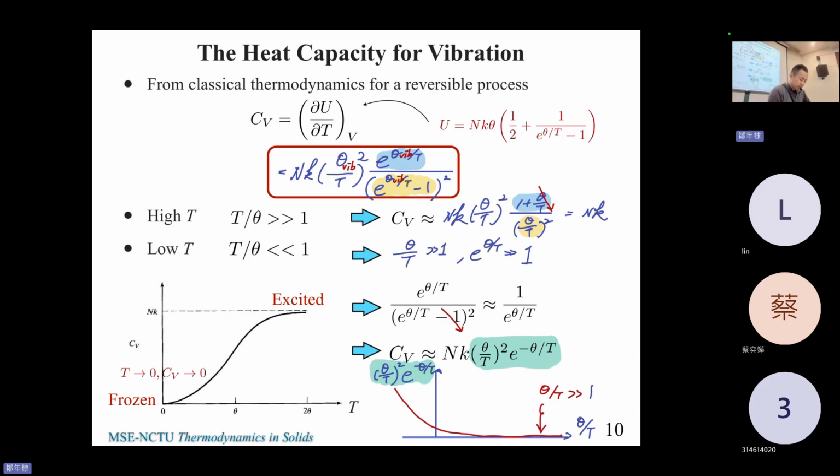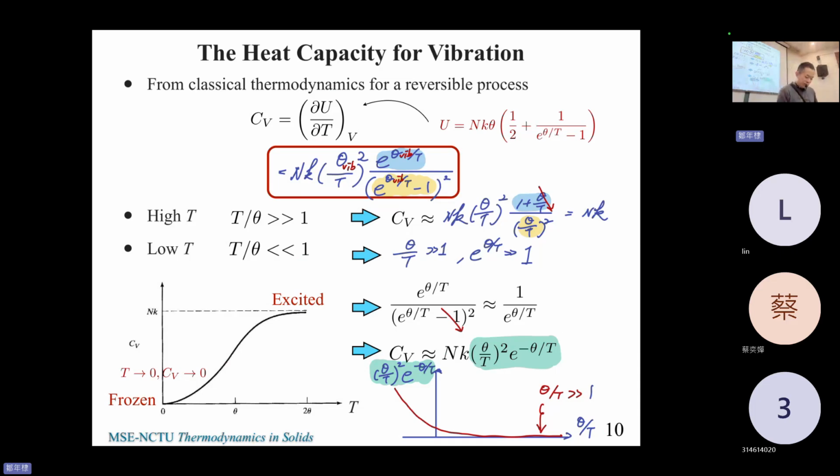Which means that this form goes to 0. So CV is approximately 0. See? So frozen and excited is actually just controlled by temperature.